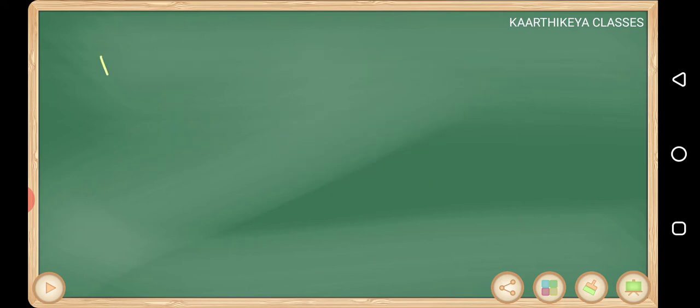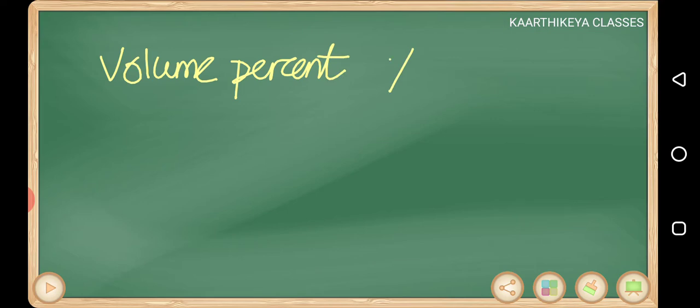Volume percent, percentage volume by volume: number of milliliters of solute dissolved in 100 ml of the solution. Both are volumes.